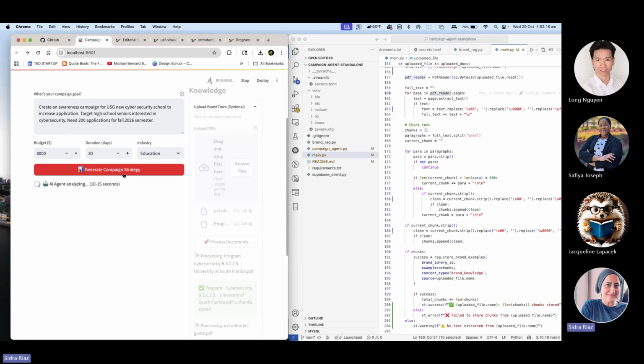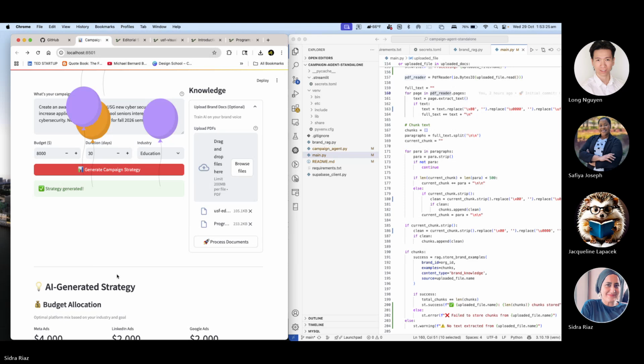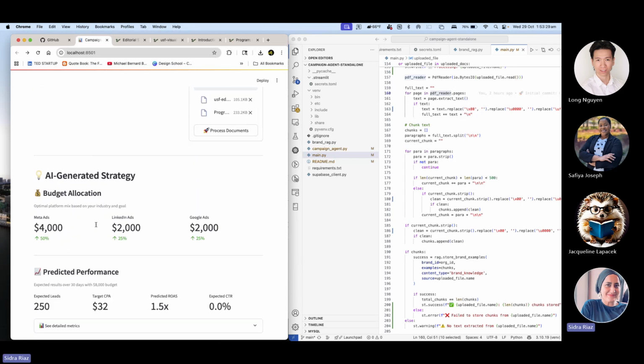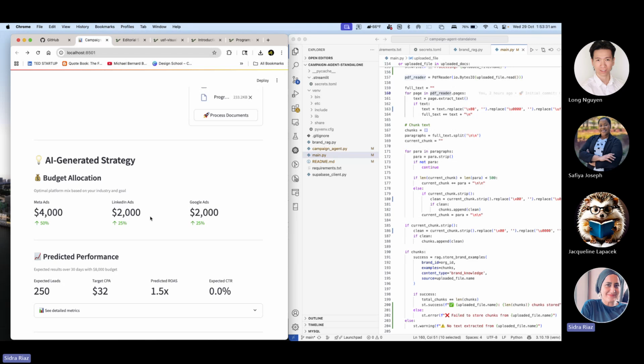So I'm going to generate a campaign strategy. If you look at this, it tells me exactly how to split my budget across several platforms based on the industry and the goal.